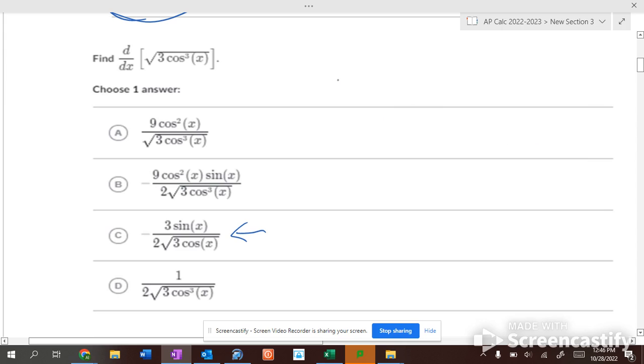Okay? So, let's just do it the U method. U equals 3 cosine of x cubed. So what's du for this? 9 cosine squared of x, negative sine of x, so it's negative out front.